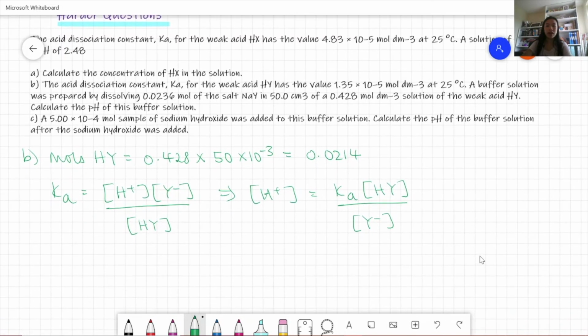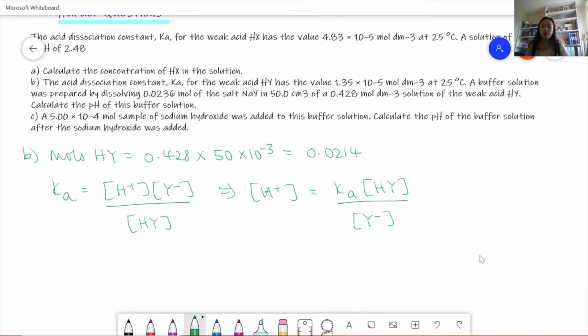And so what we do now is concentration of H plus is equal to Ka, which is 1.35 times 10 to the minus 5, multiplied by the moles that we found of the HY, because there's no point of using the concentration because we're going to use the moles for the NaY for the bottom of the equation anyway, so the volume would just cancel out. And so we're going to put in the moles of HY, which would be 0.0214.